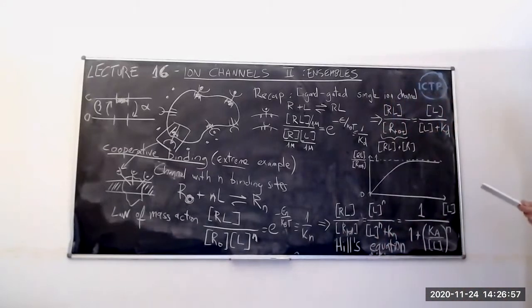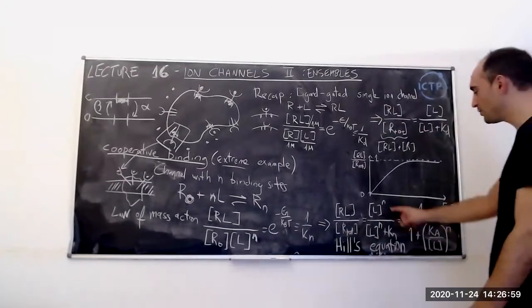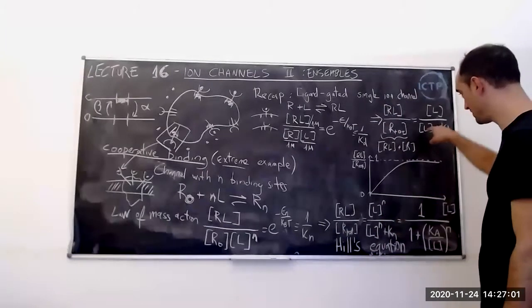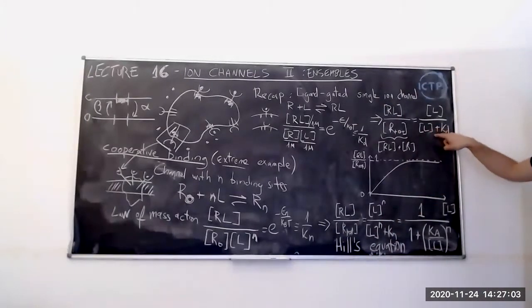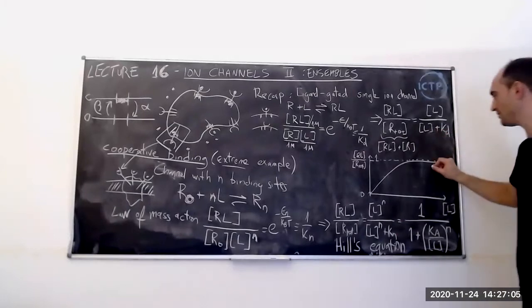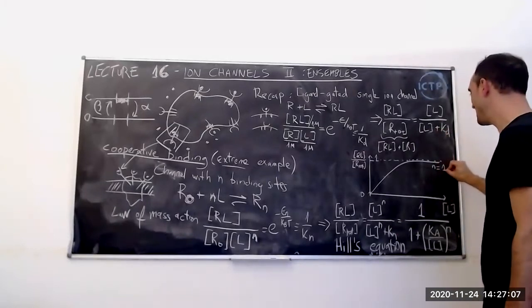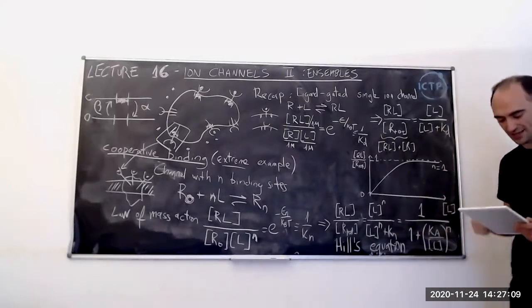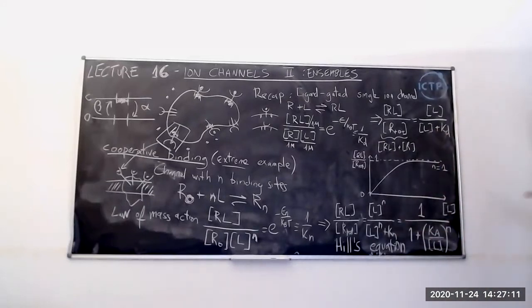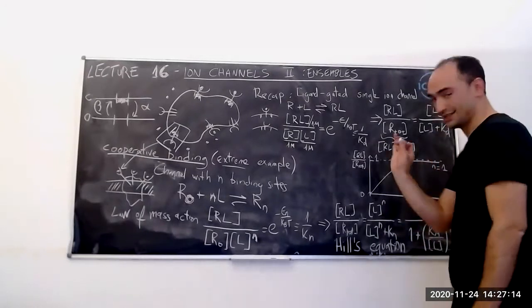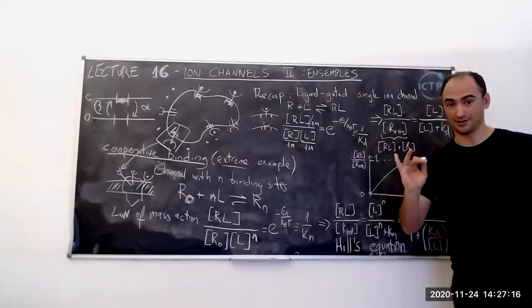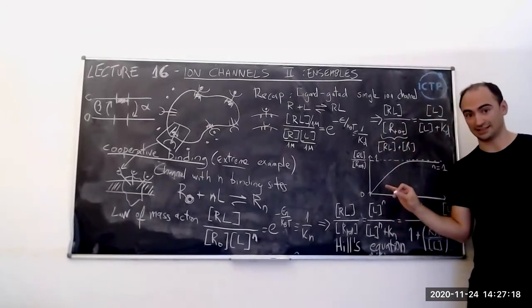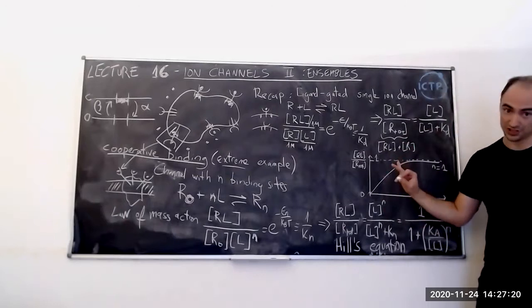And what is important is when you take n equals to 1, you get this same structure. So this will be n equals to 1. And when you increase n, so when you make more and more cooperative effects, what you do is that the curve becomes sharper. This same curve that is here becomes much more sharp.